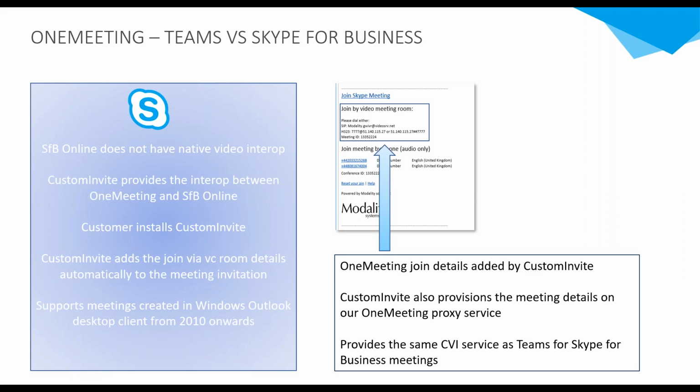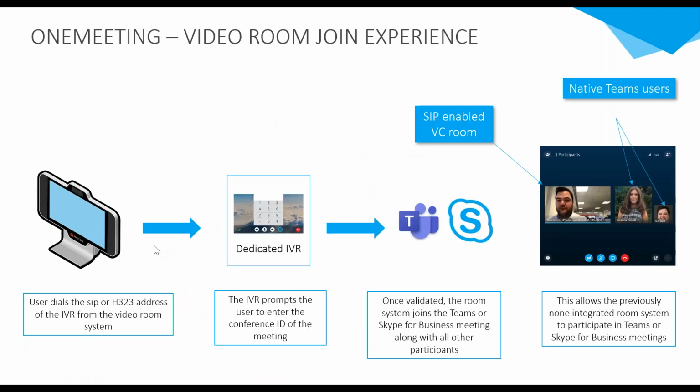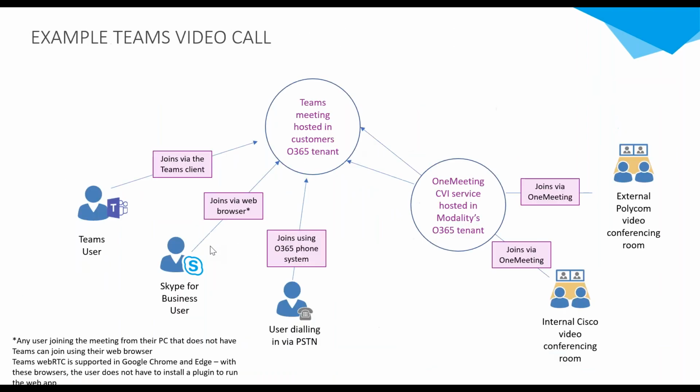So we would give you a version of our custom invite plugin that you would install, that when the user clicks on new Skype meeting, then what comes up is the join details to be able to join through a video device, so a SIP address, and enter the meeting ID, just like the join experience here for Teams.